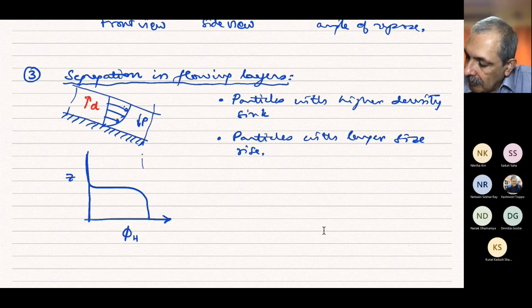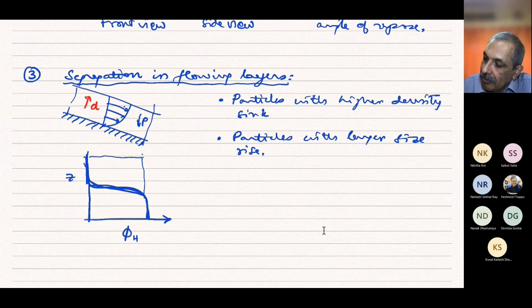That is, in the entire layer, there are no heavy particles present at the top. Then there is a mixed layer over here where there are both heavy and light particles, and at the base there are only heavy particles. So this is the concentration of the heavy particles.